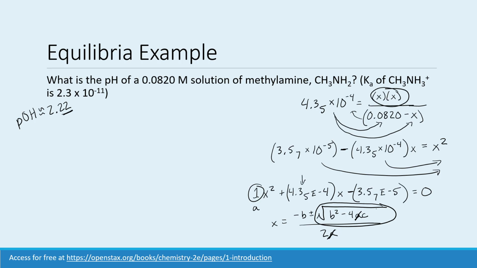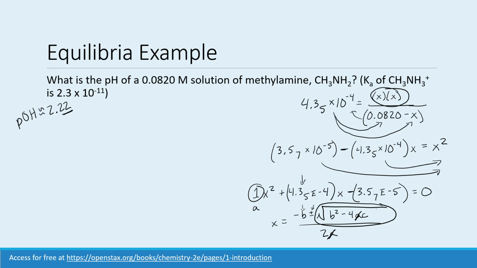And so that can help me figure out whether I need to add or subtract that value. Okay, so b is a positive value, so negative b here would be a negative value. And so we hope this square root is larger, and that means we're going to need to use the positive and not the negative. But let's see that play out.